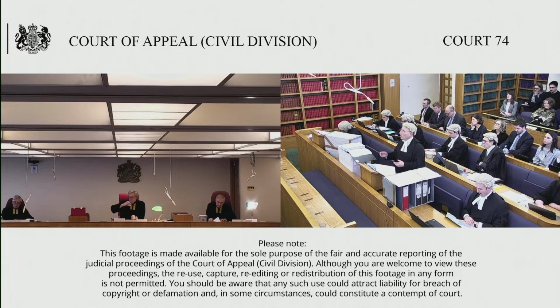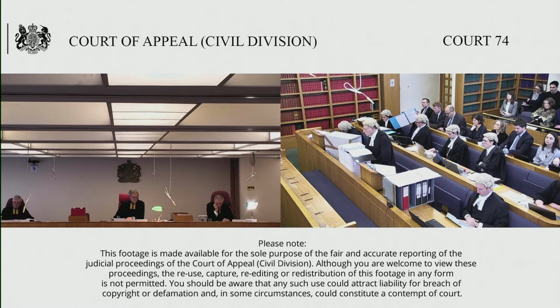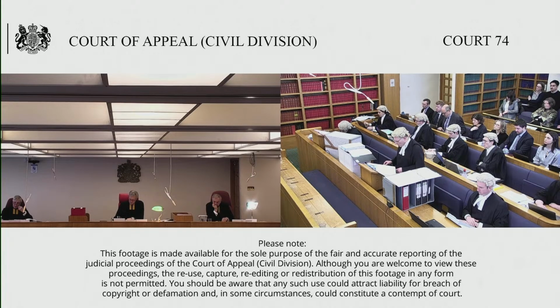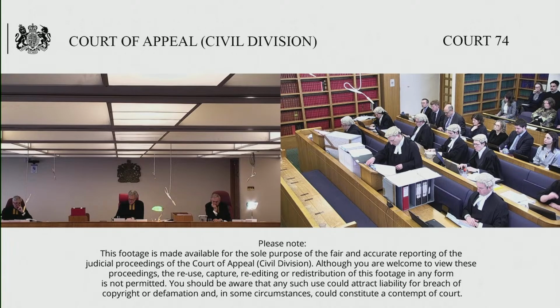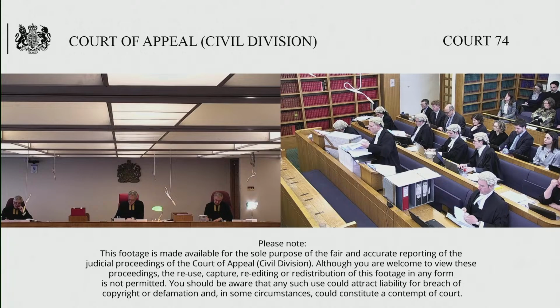So clarity is required, we submit, to explain the position so far as limitation is concerned, that it's not just talking about a liability that arises since the introduction of the Act. Then Malone and Friend took you to sections 147 and 148.